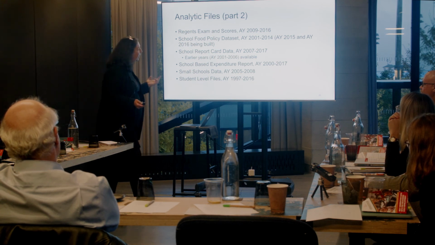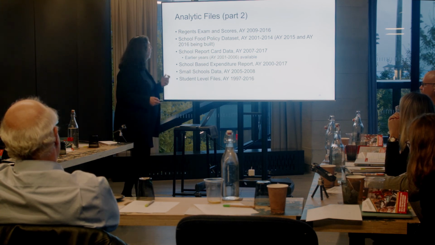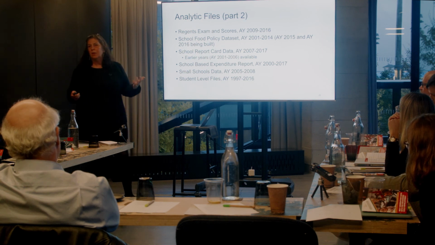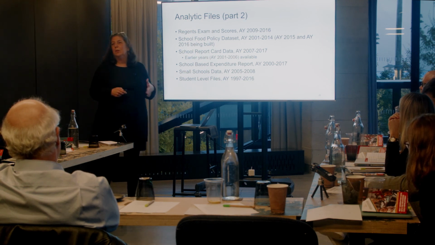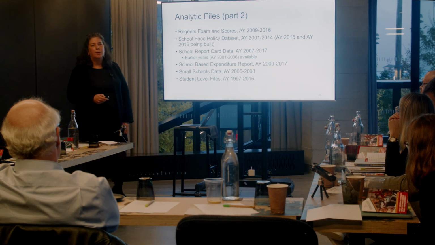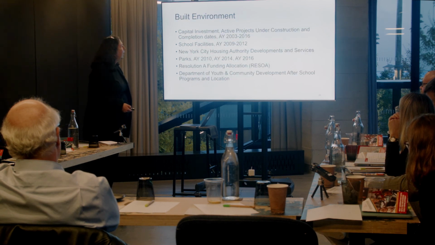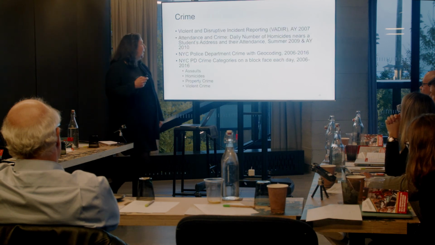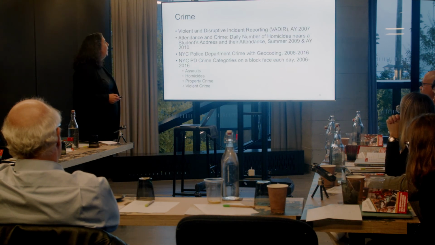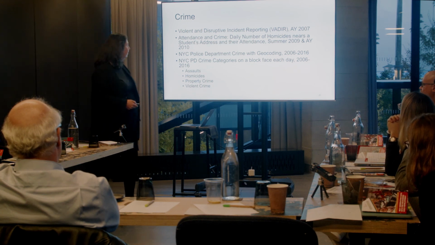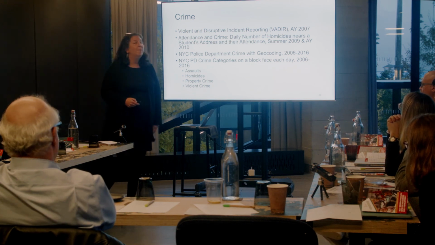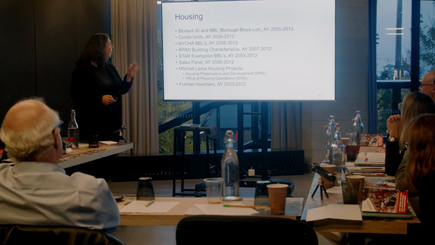This is also the student level data I've been telling you about, but some of this is not student level. It's about the neighborhood: where you live, what your block is like, your facilities, where the parks are. There's crime data on violent and disruptive incident reporting: homicides, assaults, property crime, violent crime at the block level.